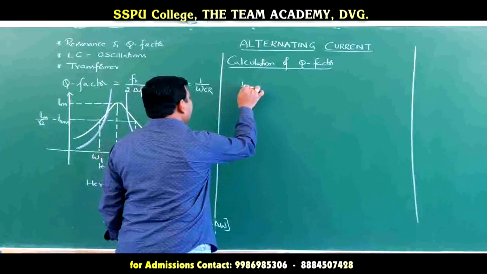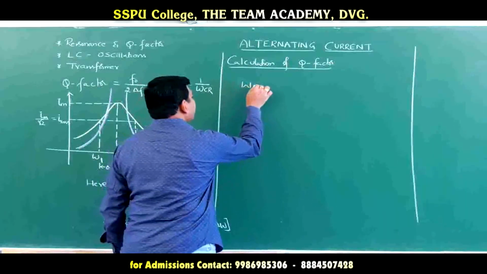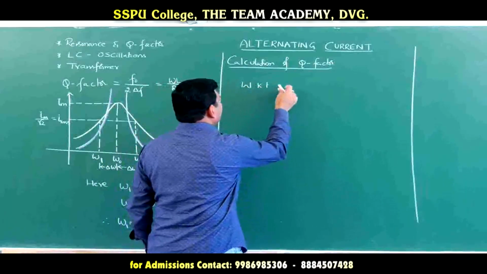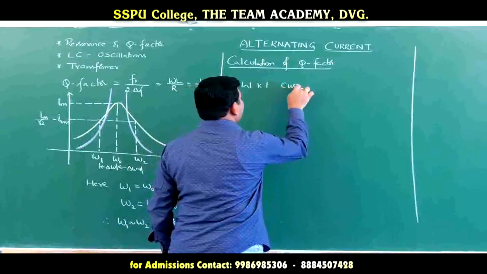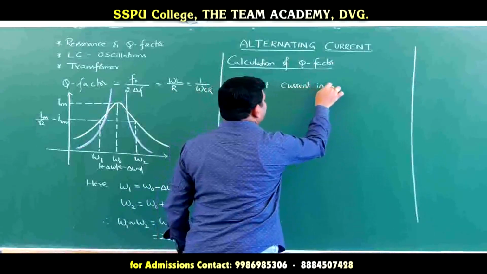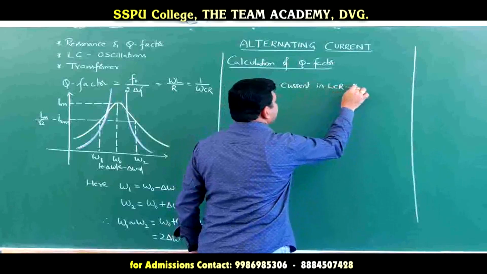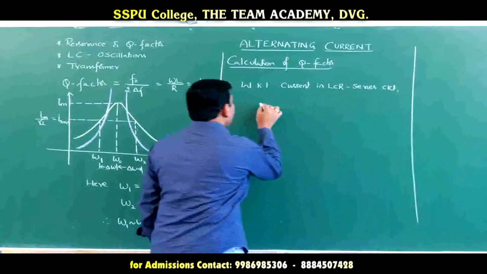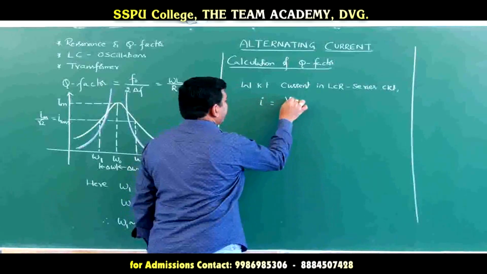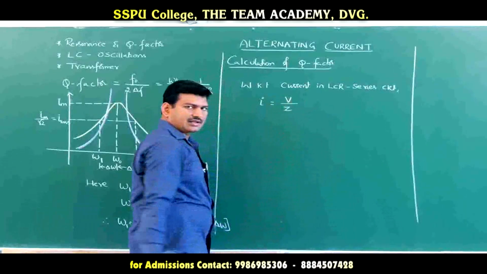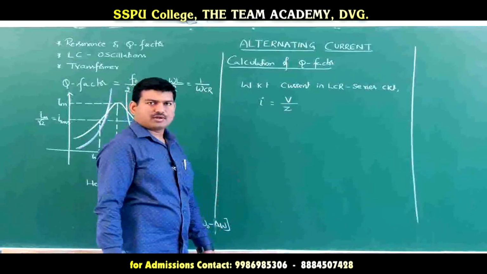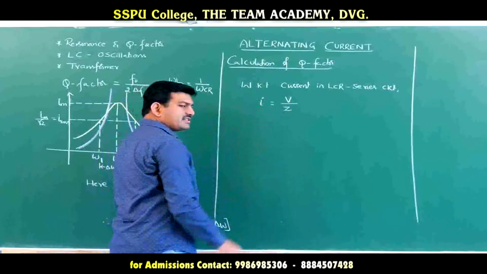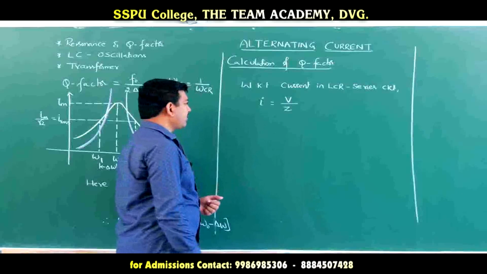So we know that current in the LCR series circuit is given by what? I is equal to V divided by Z. Yes or no? This is a basic formula we had. Or else IRMS is equal to VRMS by Z also I can write.